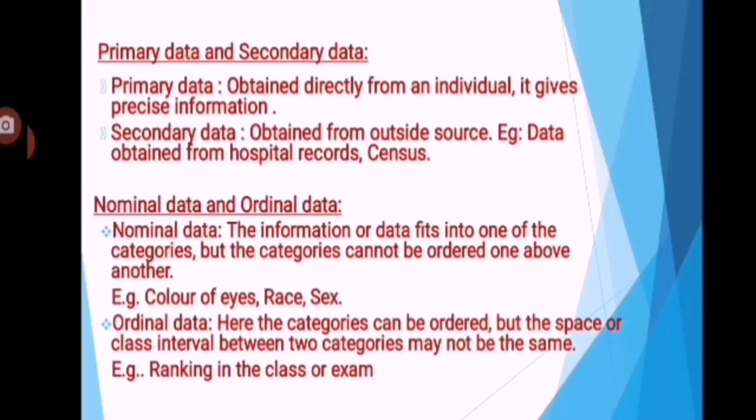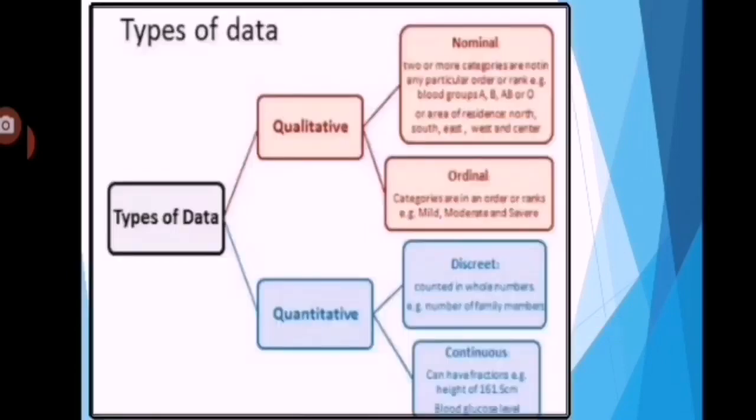Now we can recall the types of data. See the flow chart. The types of data are divided into two large types. One is qualitative, another one is quantitative. The qualitative data can be further divided into nominal data and ordinal data.